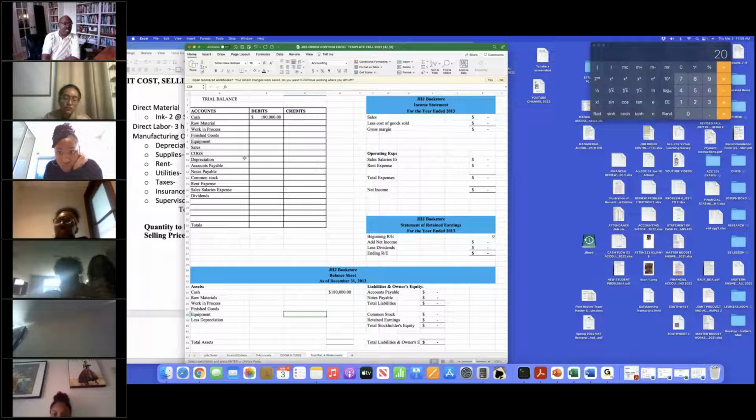When the revenues and expenses hit down here, dividends are going to go to the statement of retained earnings. When you make the journal entry, you see that, Valenciana? Yes.